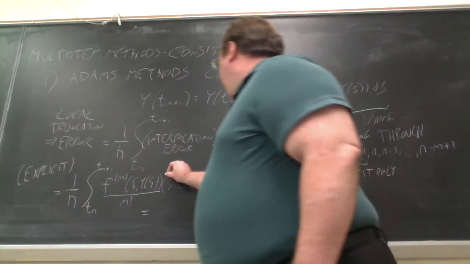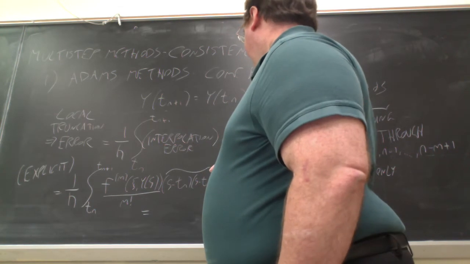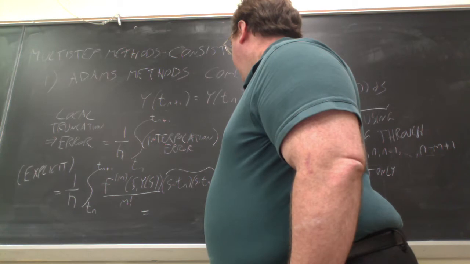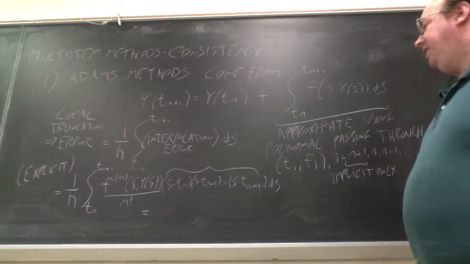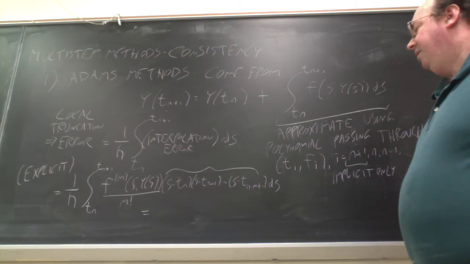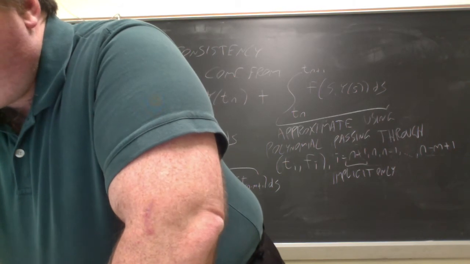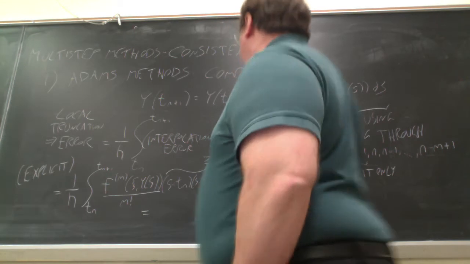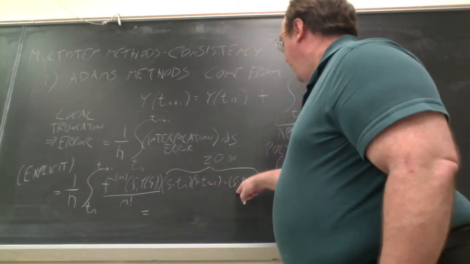So this expression right here is always, well, s is between tn and tn plus 1. So that's always greater than or equal to 0 for the s that we're considering.